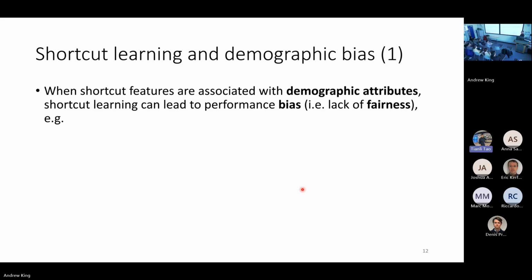That's a known phenomenon and people have been looking at that for a number of years now. And I would say that actually this is just an example of shortcut learning, but it's an example of shortcut learning where your spurious attributes, the A that I talked about earlier on, are associated with demographic attributes. So in other words, when these shortcut features are associated with demographics, then shortcut learning leads to bias or lack of fairness.